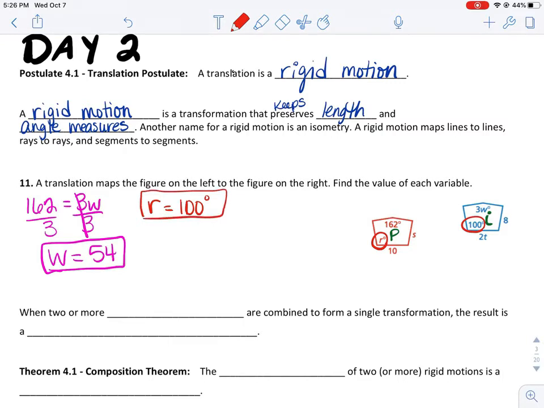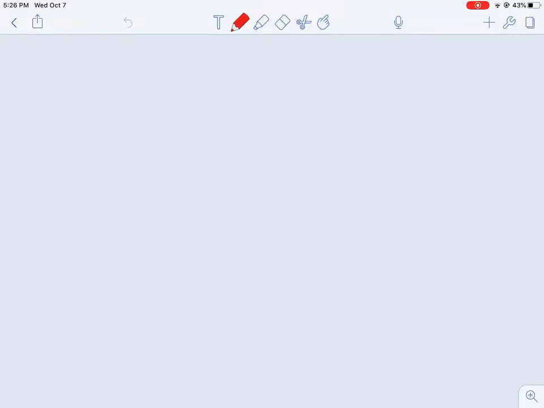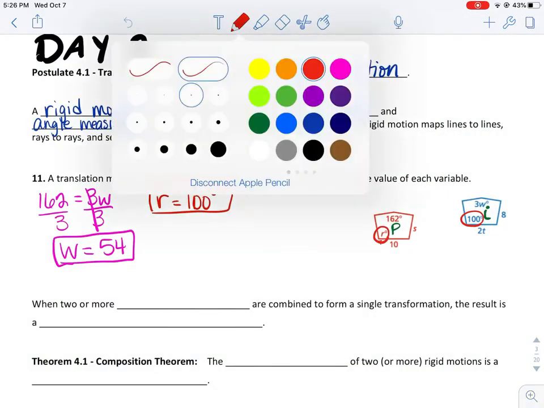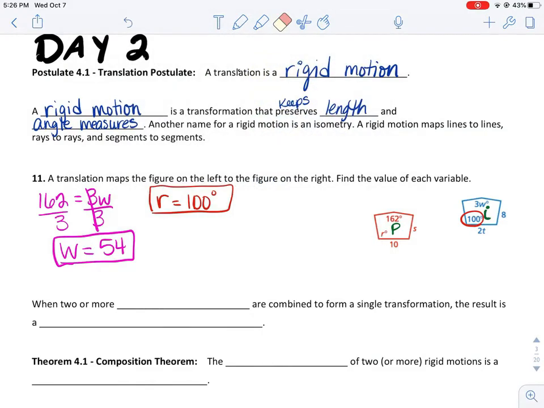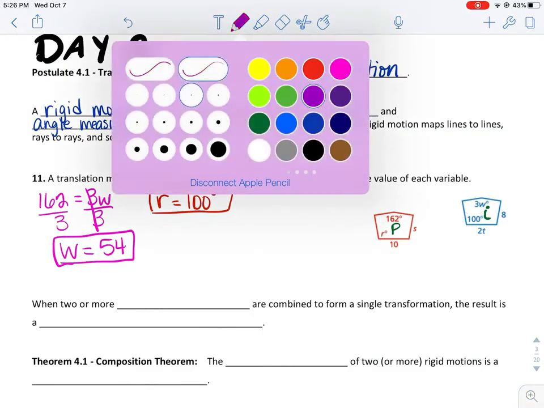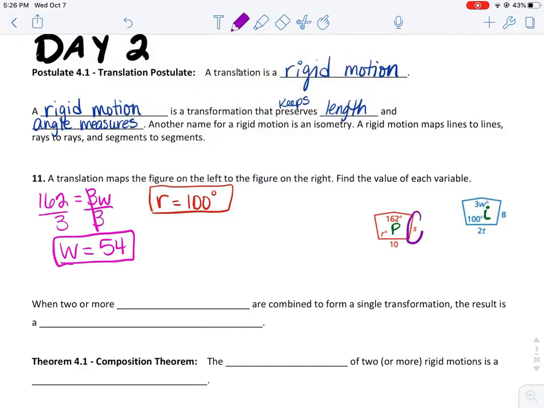Okay, the next piece I see is the side S. Side S matches the side with a value of 8, so S equals 8.